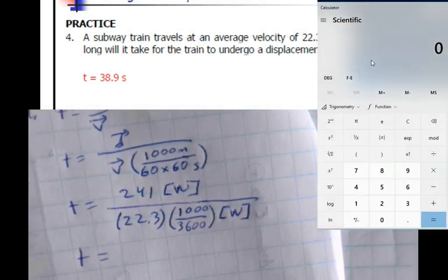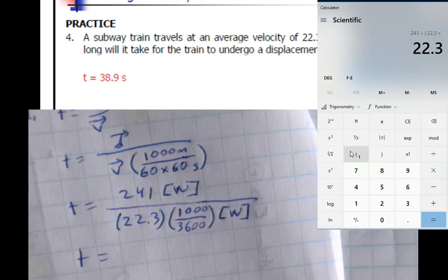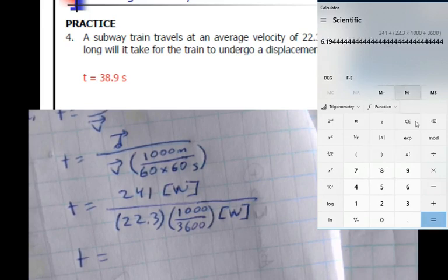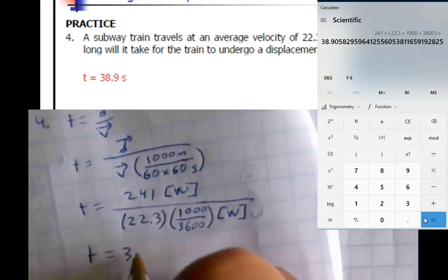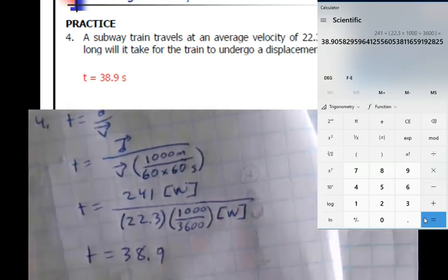In this case, we have 241 divided by, I'm going to hit the bracket button, 22.3 multiplied by 1,000 divided by 3600. I'm going to close the bracket because that's my denominator. If you have a calculator like this, it might show you a value. That's just showing you the value of the denominator. If I hit equals, I'll find out the value of the time, and I end up with 38.9 seconds.